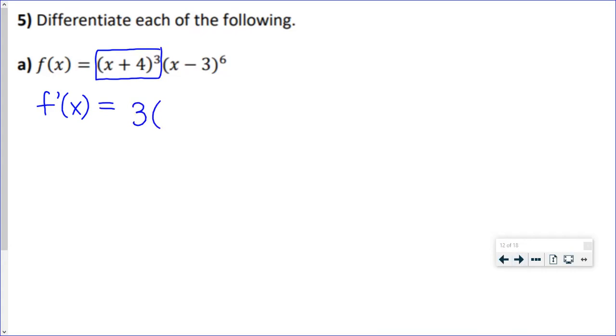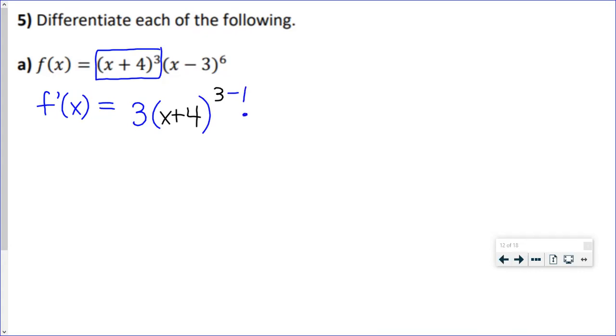I'm going to keep my x plus 4 to the power of 3, but I'm going to make sure to subtract 1 from that power. Now I have to remember, this is the outside of the function.